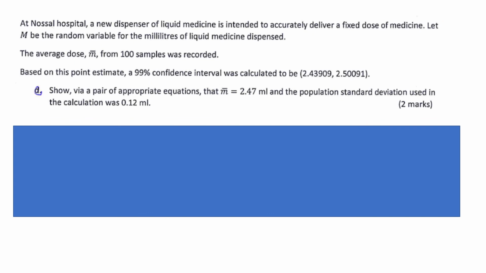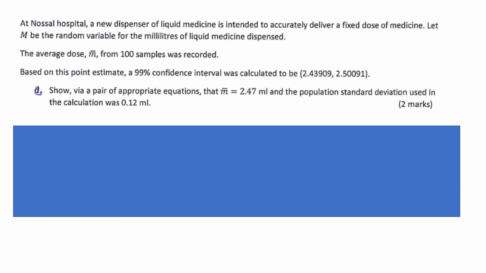Okay. At Nossal Hospital, a new dispenser of liquid medicine is intended to accurately deliver a fixed dose of medicine. Let M be the random variable for milliliters of liquid medicine dispensed. Okay, now M bar is our point estimate for the average dose.